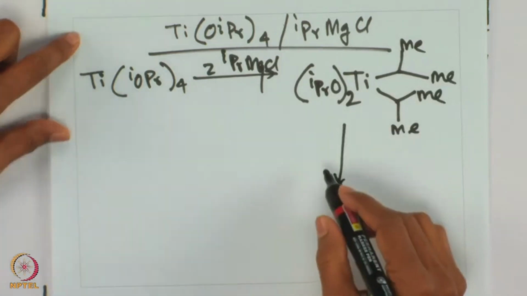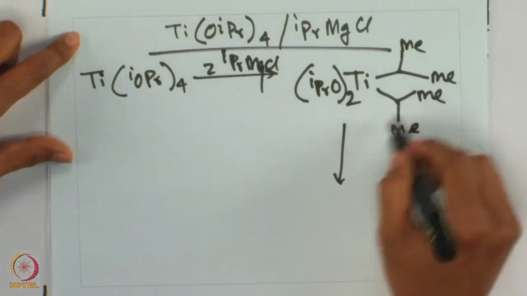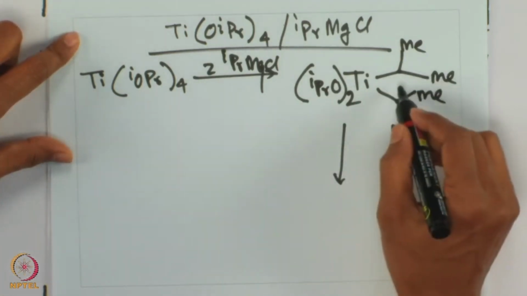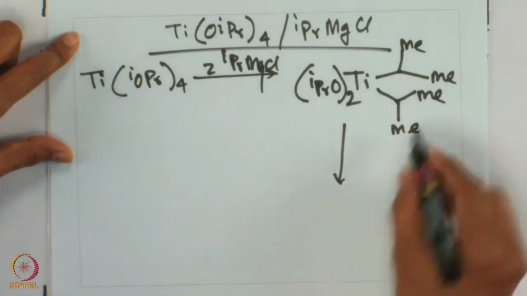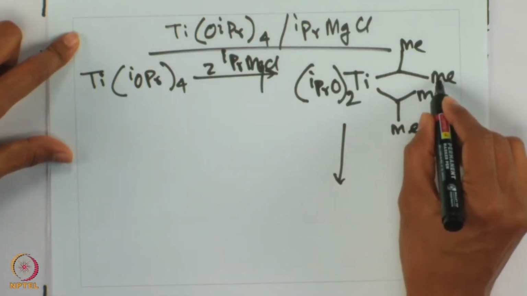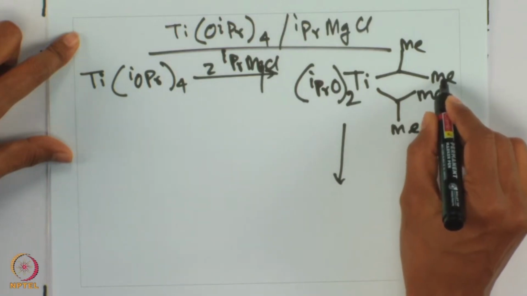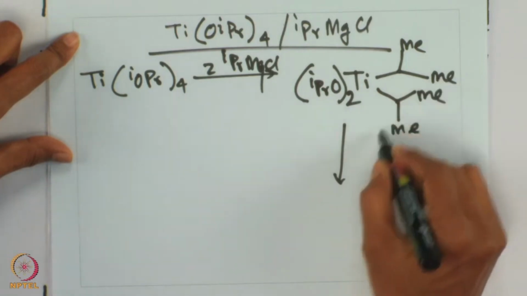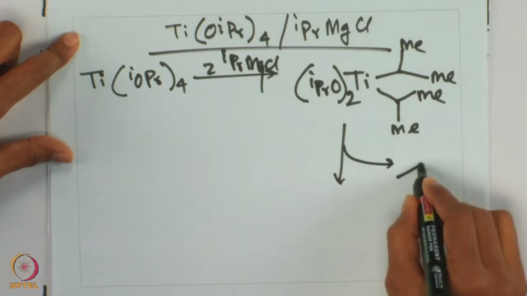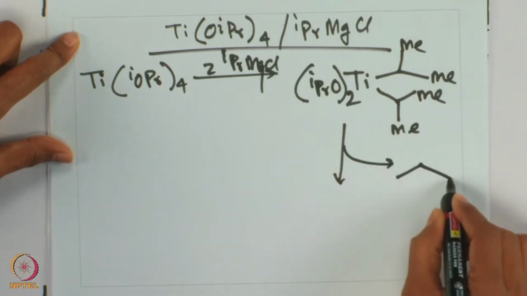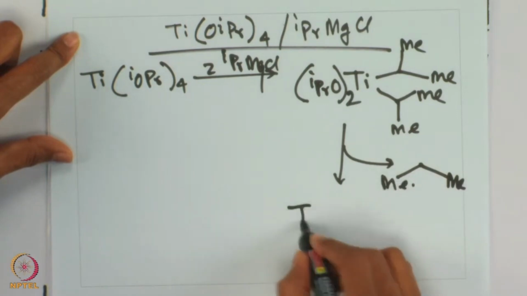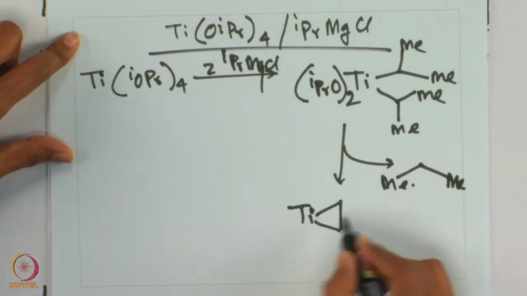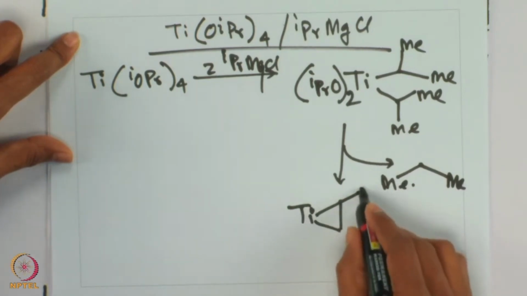From there, propane will go out and then a titanium containing ring will be generated. So, one of the H, namely beta abstraction from this CH3, will give rise to propane, and then we will get this 3-membered intermediate with the metal in it.